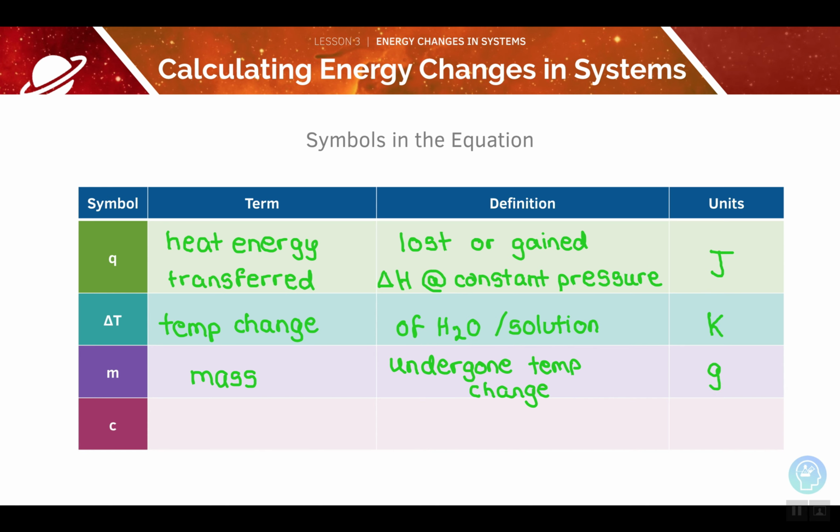Finally, we'll look at the term C. This stands for the specific heat capacity of water. It's defined as the amount of energy needed to raise the temperature of 1 kilogram of water by 1 Kelvin.